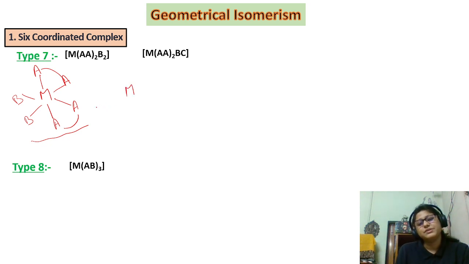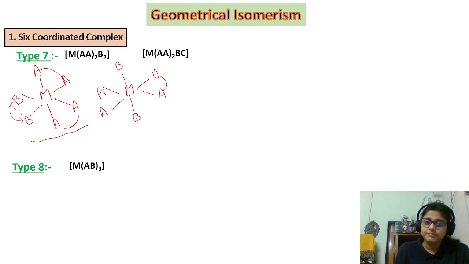What is the other possibility? First, I am seeing that this is cis, so I want to put it trans. Then what will happen? A is bidentate here. Any other possibilities? These two A are also trans, these two atoms are same, right? So there is nothing actually left.